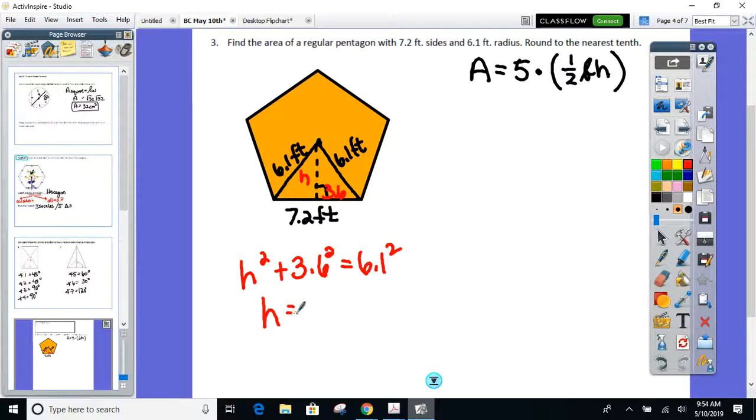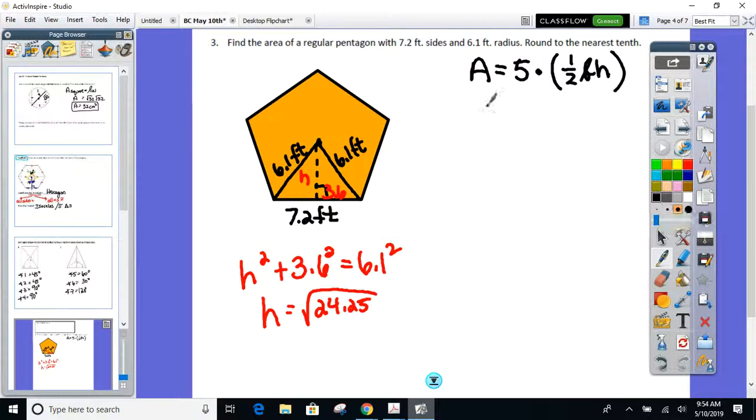You guys get a long decimal, right? Hopefully it's whatever the square root of, what was it? The square root of 24.25 was? Okay, thanks for the update.